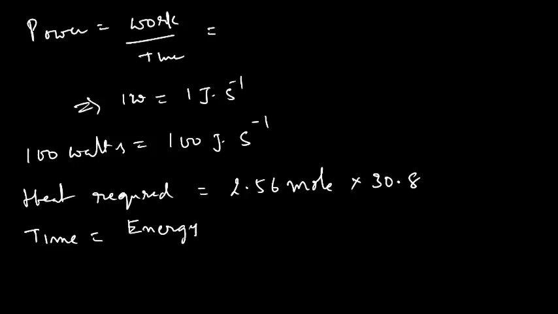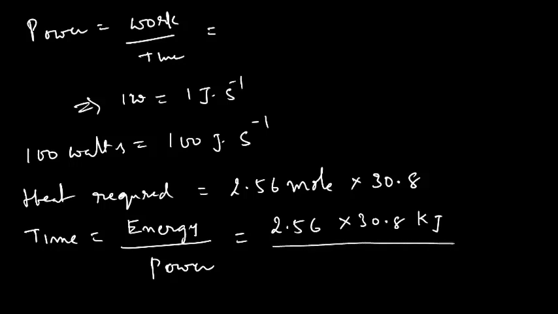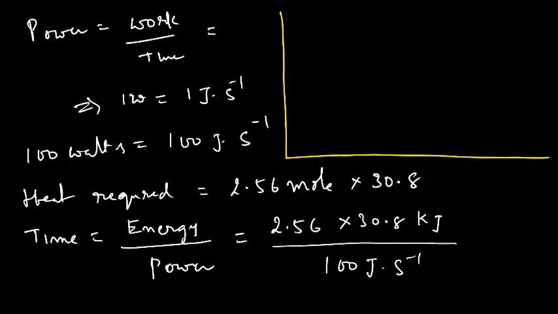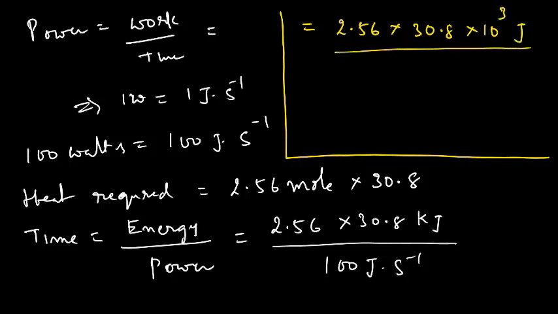So, time equal to energy by power. Energy is 2.56 into 30.8 kilojoule by power 100 joule per second. See here, this is in kilojoule, this is in joule. Therefore, we must convert kilojoules into joules. So this is equal to 2.56 into 30.8 into 10 to the power 3 joule by 100 joule per second.